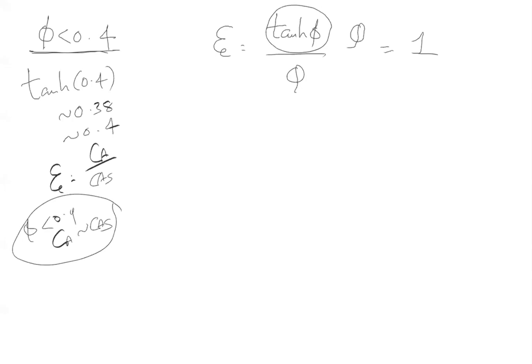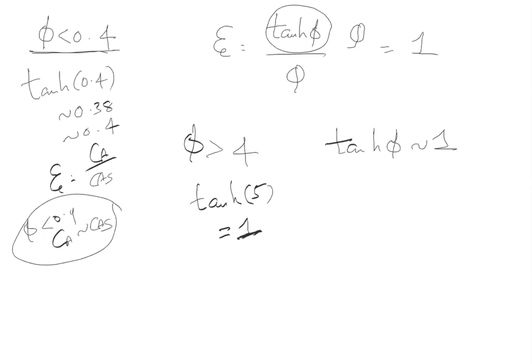Suppose phi is greater than 4. Can somebody calculate tanh 10 or tanh 5? You will get almost 1. So when phi is greater than 4, tanh phi is almost equal to 1, so your epsilon is almost 1 by phi. Clear?